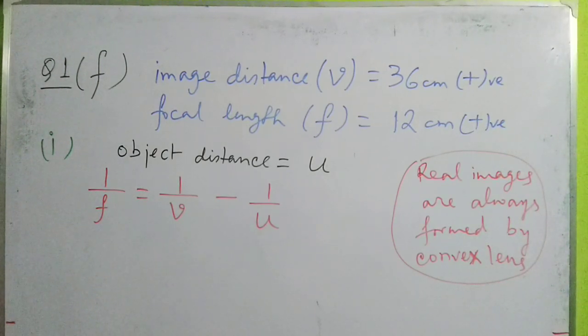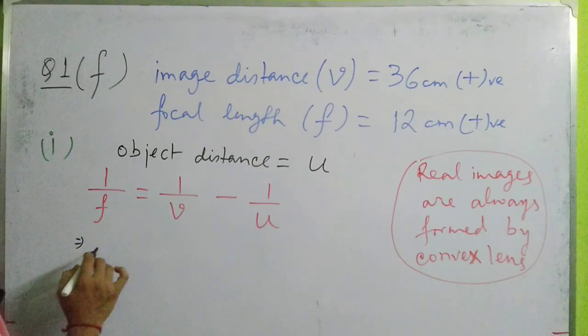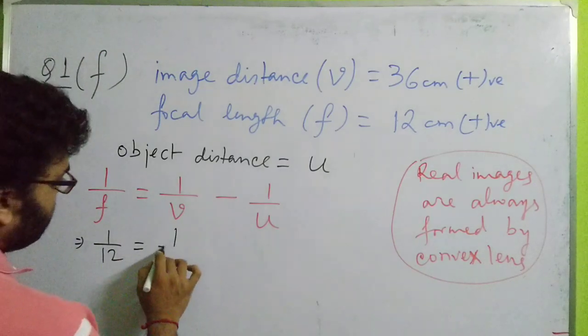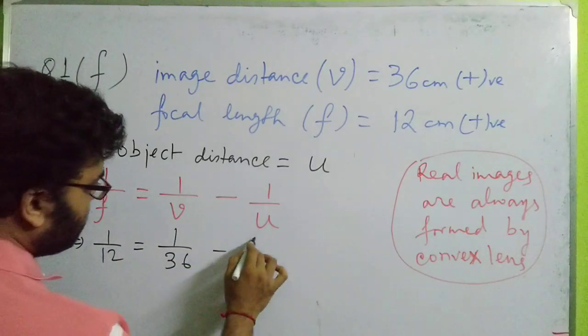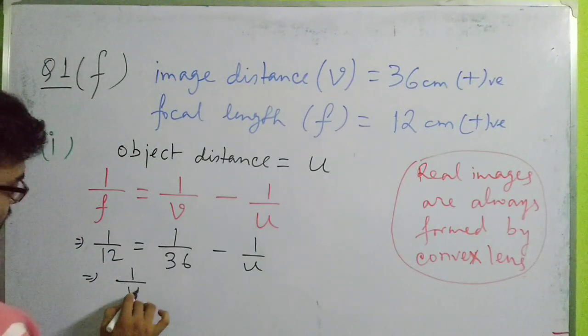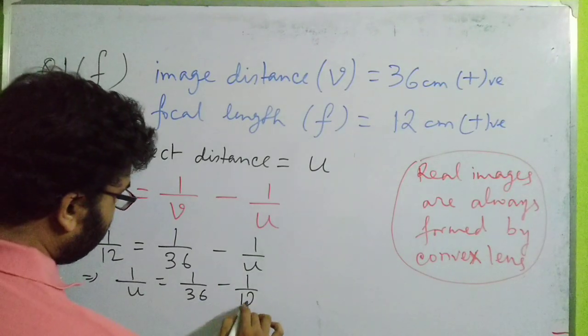The focal length has already been mentioned. It is given as 1 by 12. 1 by 12 is equal to 1 by V, which is also already given, 1 by 36, minus 1 by U. So taking U onto this side, it is coming as 1 by 36 minus 1 by 12.